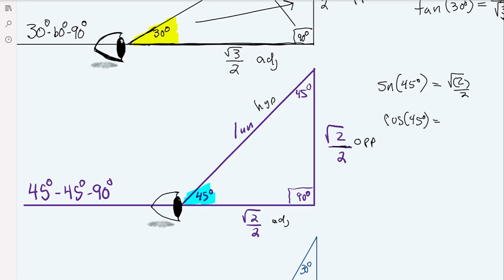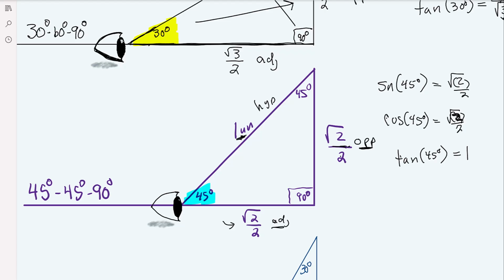Cosine of 45 is this adjacent root 2 over 2 over the hypotenuse 1, so we can ignore the 1, root 2 over 2. And then tangent is opposite over adjacent. Those two numbers are the same. Anytime you divide a non-zero number by itself, and 0 divided by 0 is not 1, any non-zero number divided by itself is equal to 1.